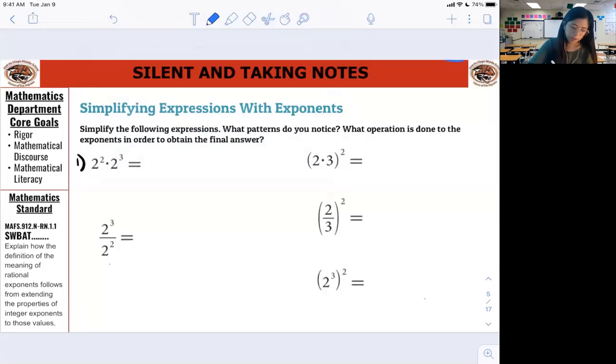Multiplication. Good, it's multiplication. I have multiplication and my base numbers are the same. I have 2's. Both of them are 2's. So I have multiplication with the same base number. Well, we actually got an answer already, right?